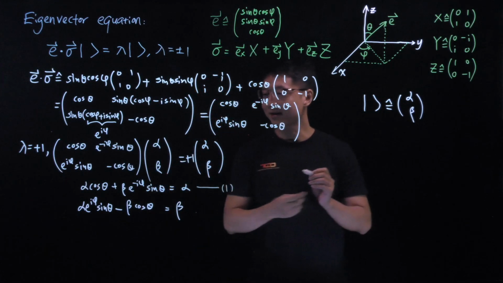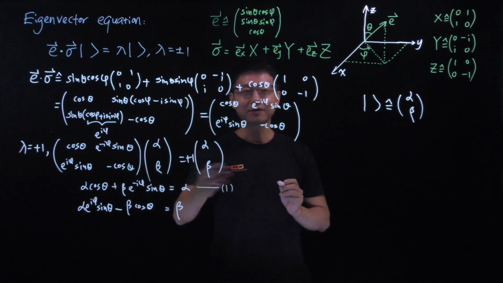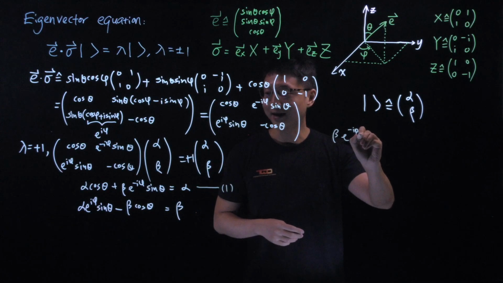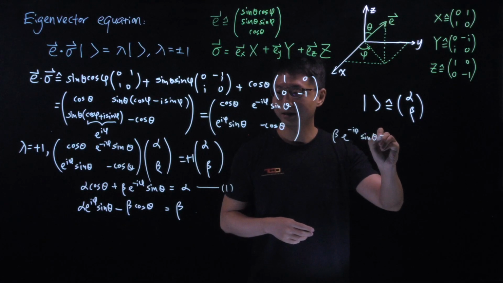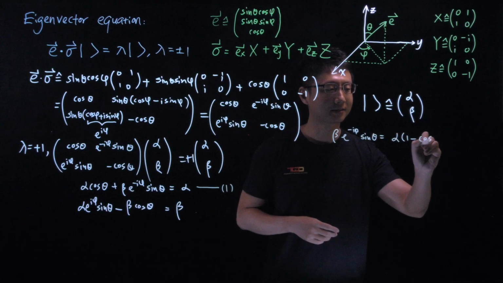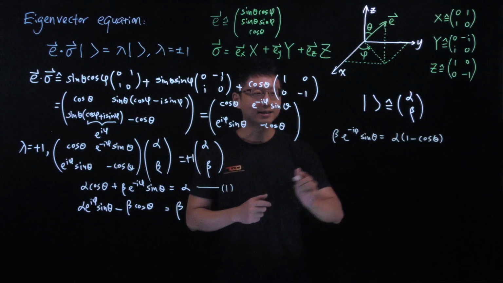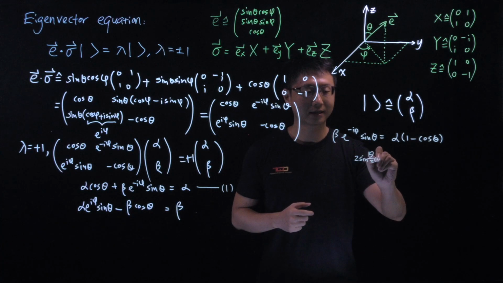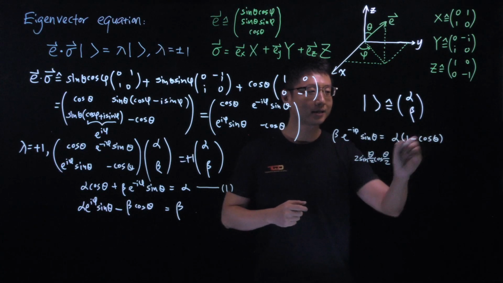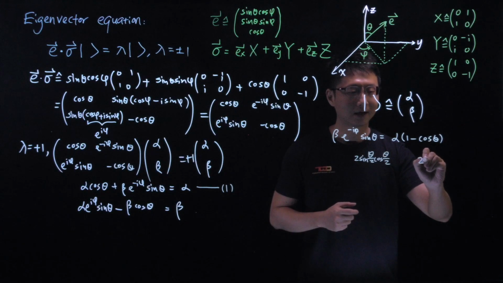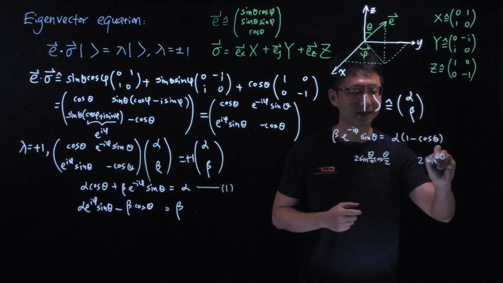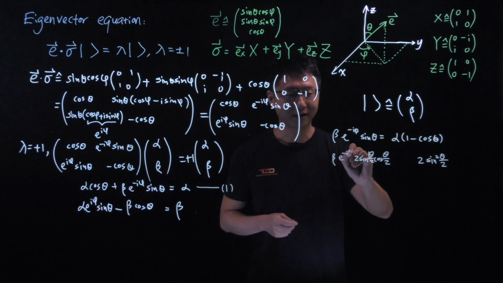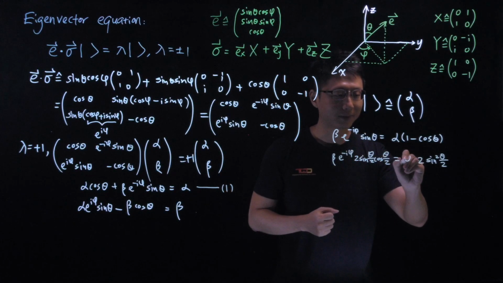For that, first let's put the terms with alpha to one side and beta to the other side. So beta e to the power of minus I phi sine of theta equals alpha of 1 minus cosine theta. Using the trigonometric identity that sine of theta is twice sine theta over 2 cosine theta over 2, and 1 minus cosine of theta is twice sine theta over 2 squared, we now have beta e to the power of minus I phi multiplied with this equals alpha multiplied with that.